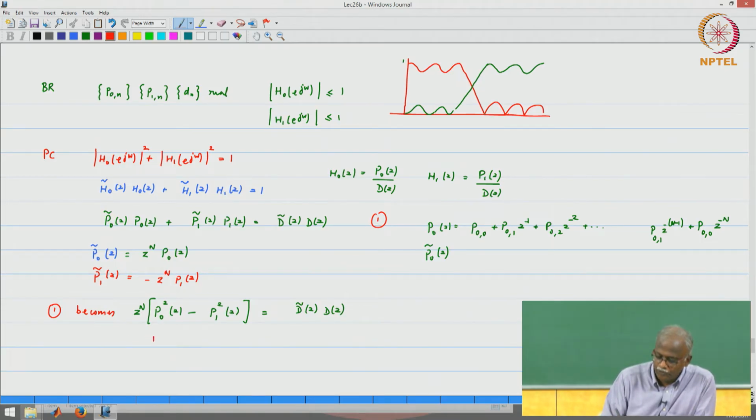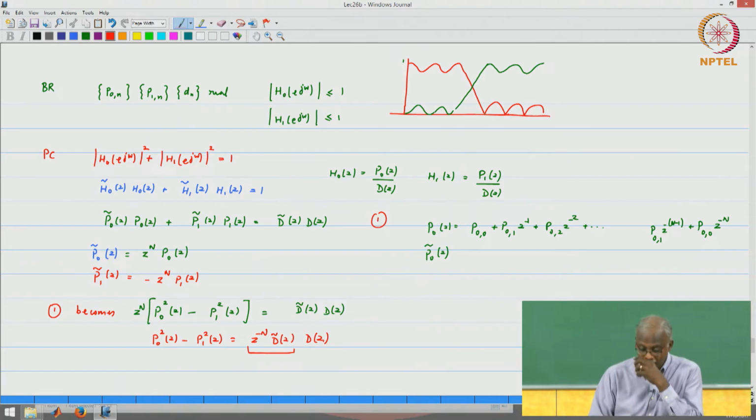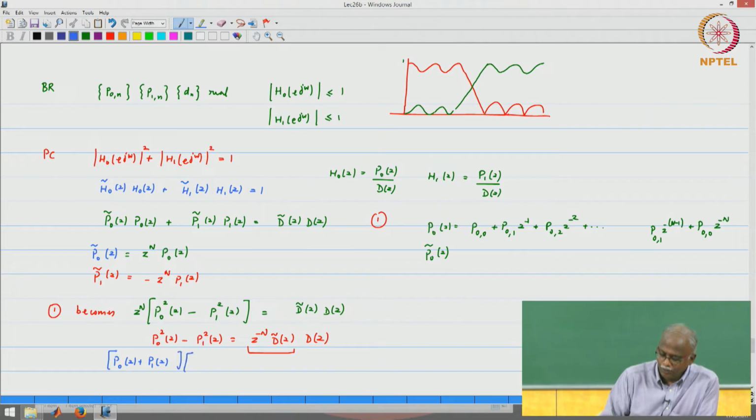A nice form is P0 squared of z minus P1 squared of z equals z^-n D tilde of z D of z, taking the z^-n to the other side, because that makes it causal. And the left hand side, of course, you can factorize into P0 of z plus P1 of z into P0 of z minus P1 of z.